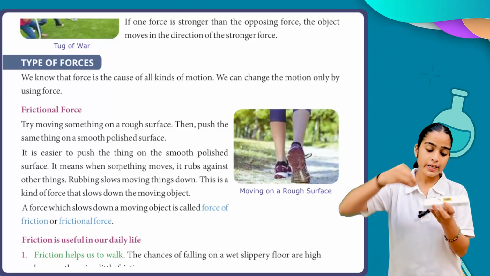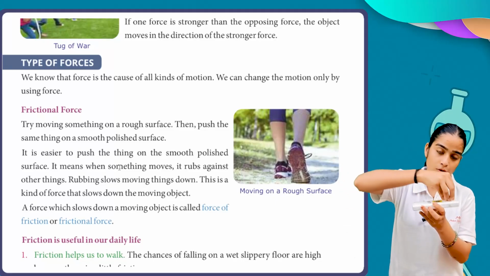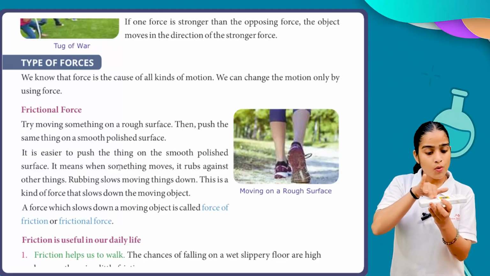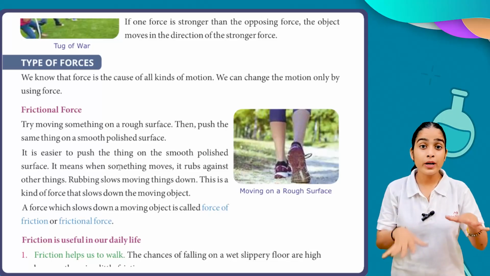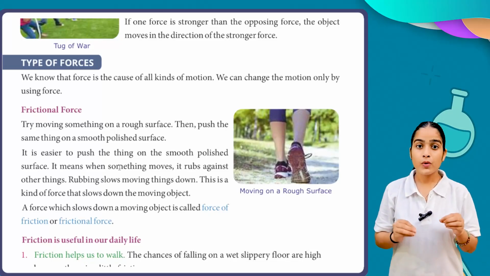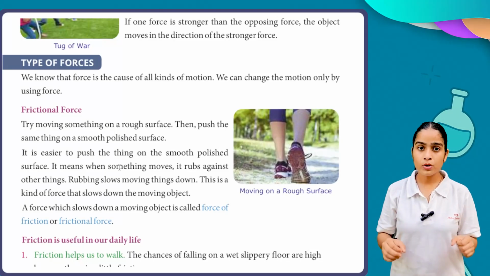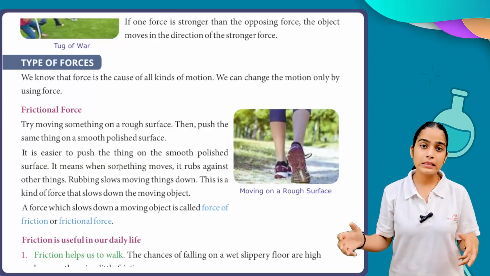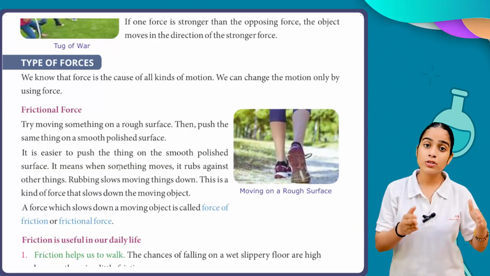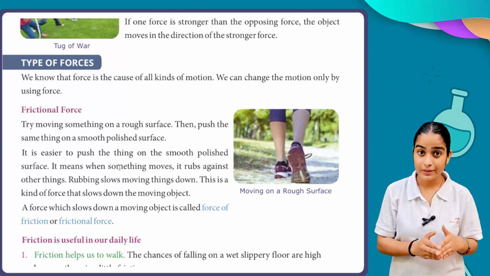If I have an object and I want to move it on this AC remote, that object will move very slowly. But if you have an uneven plane and you want to ride your bicycle on that, it will lower your speed.